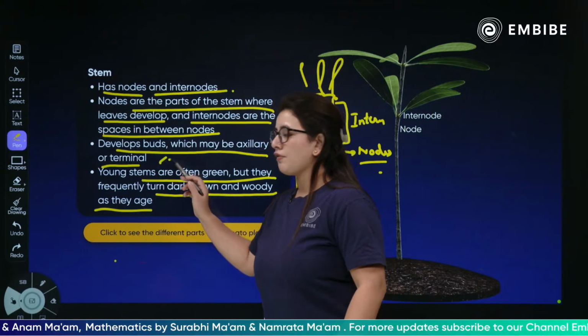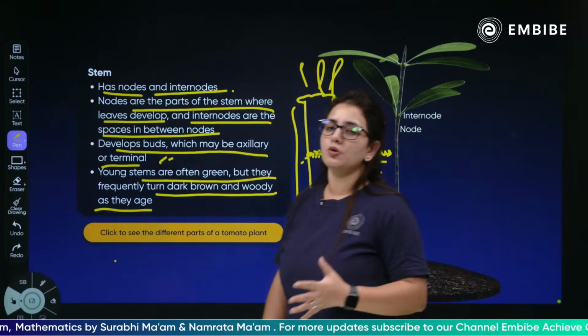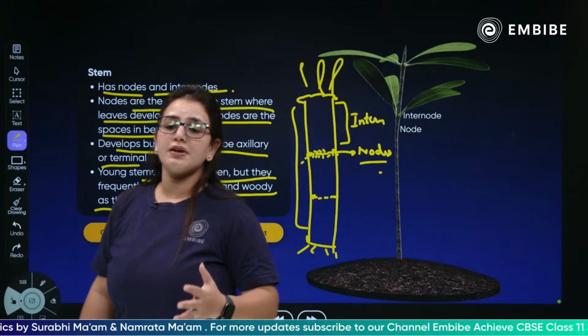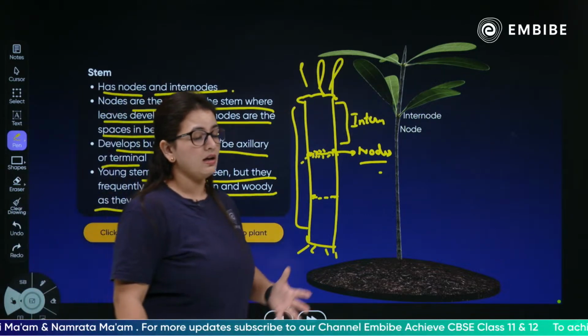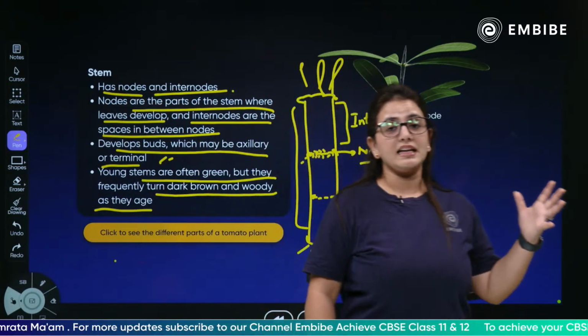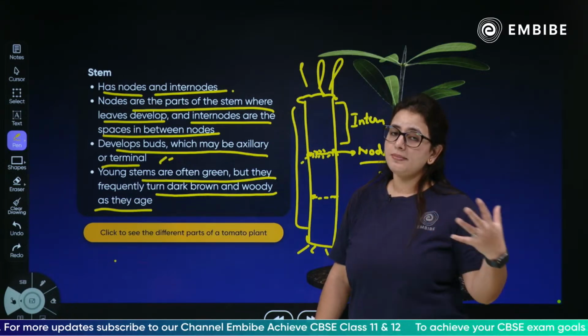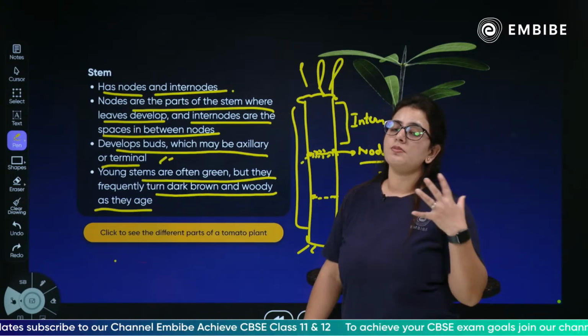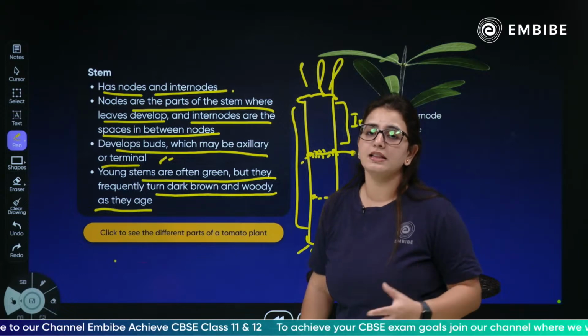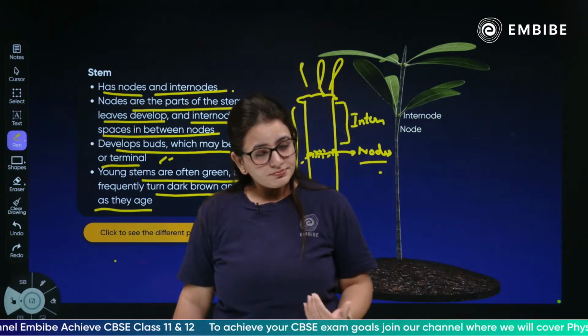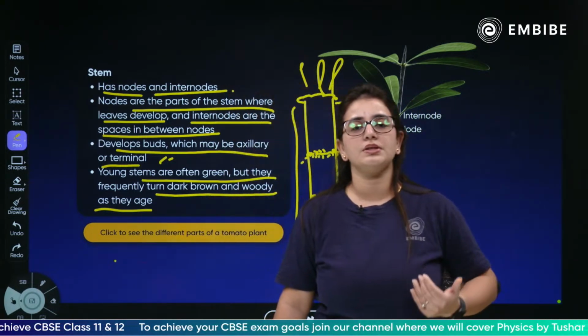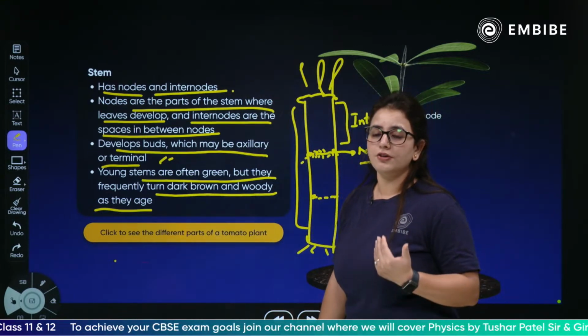The young stems form from the plumule. The young stem is green, very juicy, but as it grows old it becomes dark brown and woody, and that's why we get furniture, the wood, from these parts of the trees.